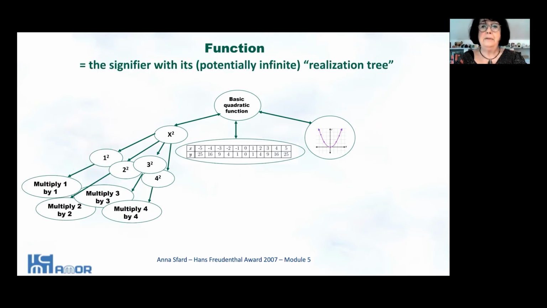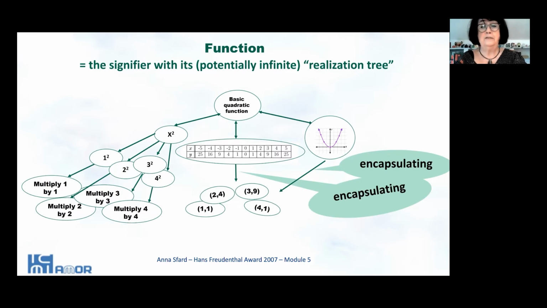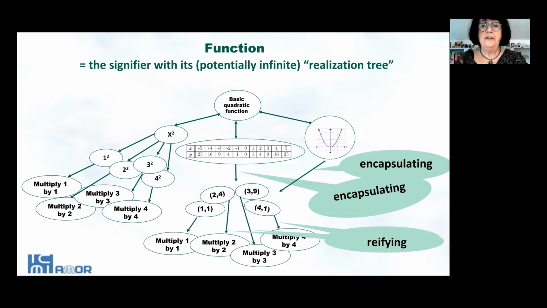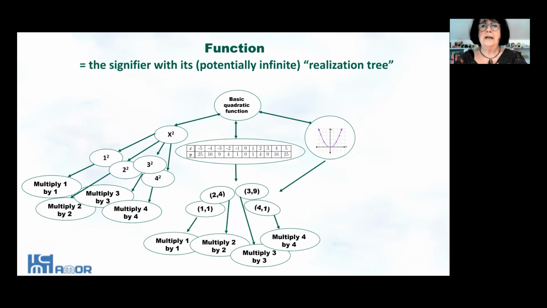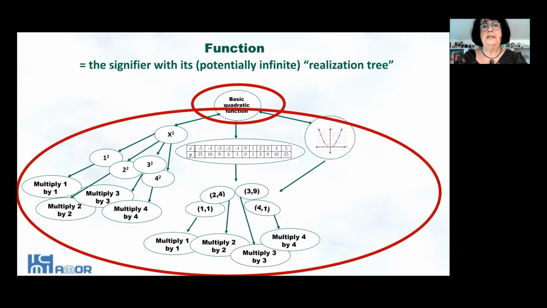Similarly, both the table and the parabola can be realized as the set of ordered pairs of numbers and their squares, with encapsulation as the corresponding transformation. These, in turn, are reifications of the operation of squaring. Our resulting diagram presents the object called basic quadratic function as the name, basic quadratic function, with its realization network.